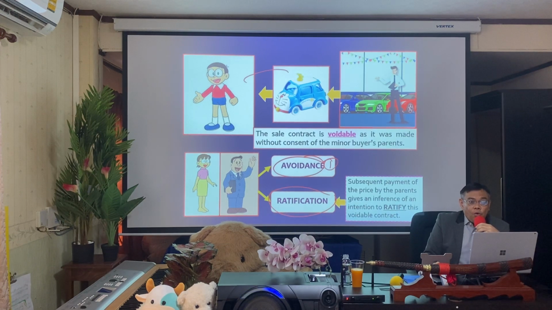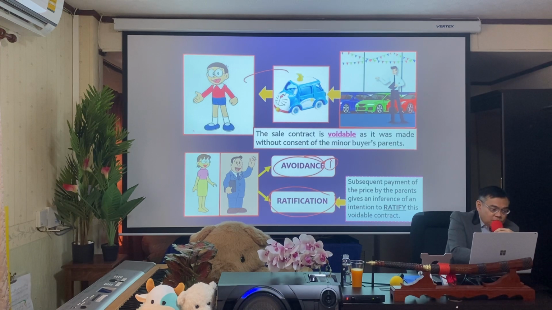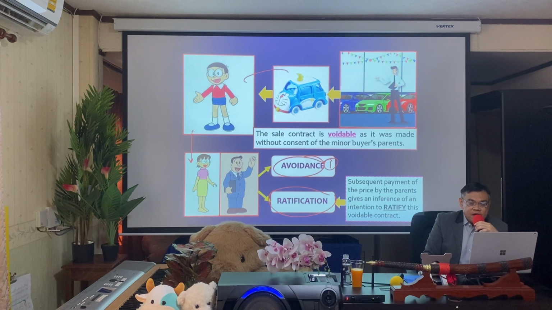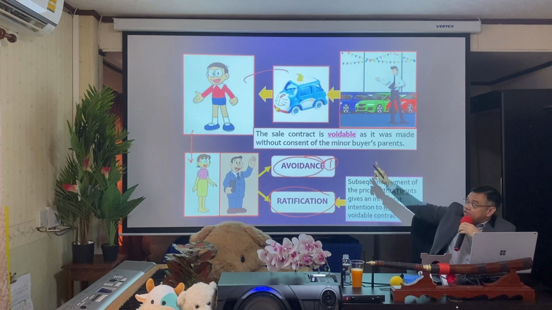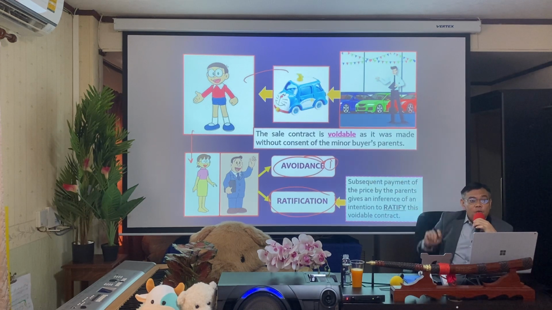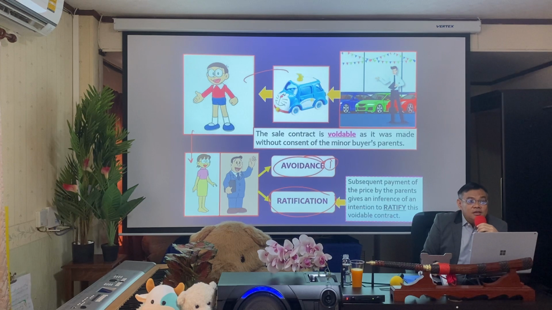The minor runs the risk of being put at a disadvantage. That's why the law would like the legal representatives or the parents of the minor to take care of the minors, to make sure that the juristic act done by the minor is going to serve the interest of the minors. In this case, Nobita has purchased this car without consent from the parents, so this contract is voidable.